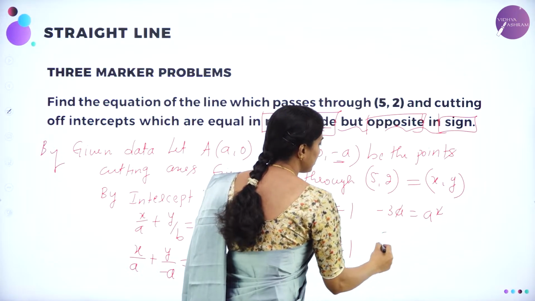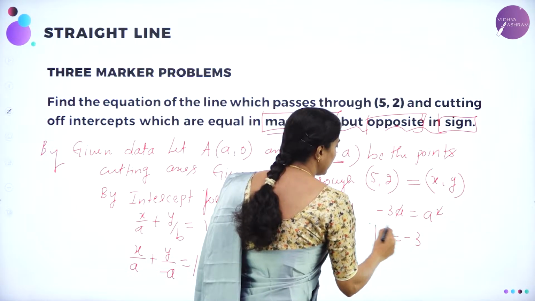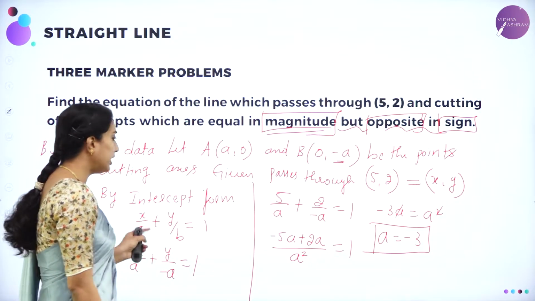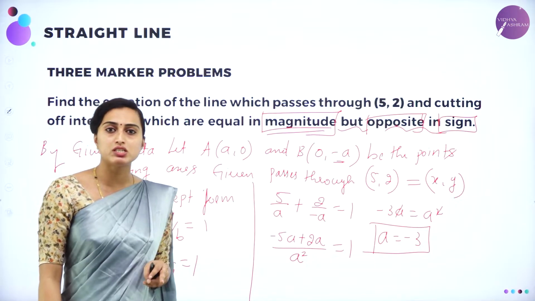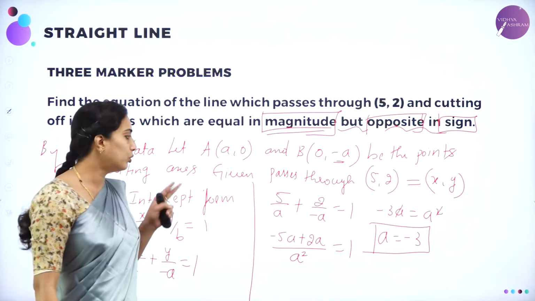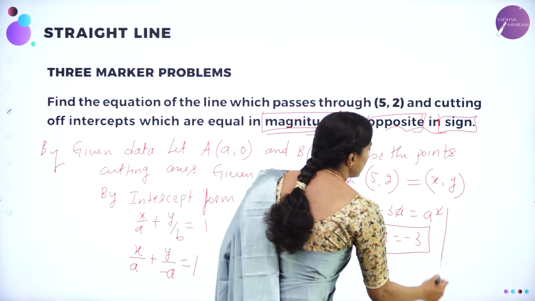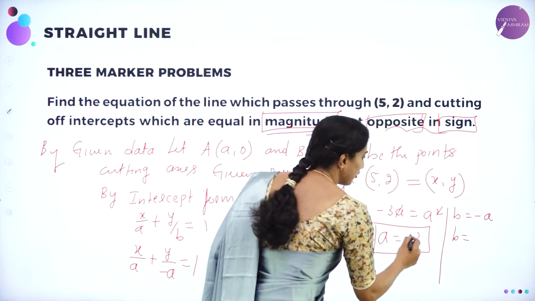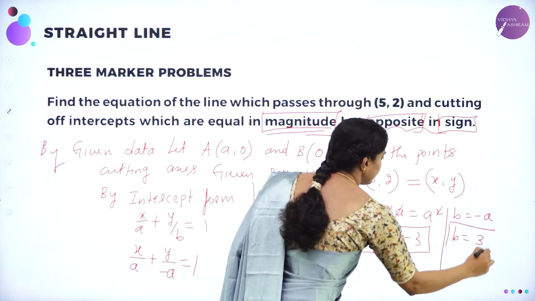A will get cancelled, so A will have a value minus 3. If A is equal to minus 3, B is equal to minus A, so B is equal to minus of minus 3, which is plus 3.